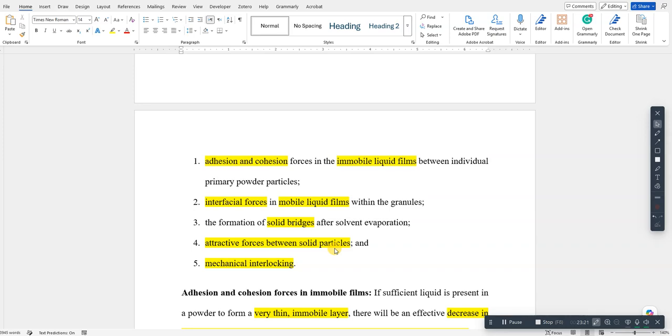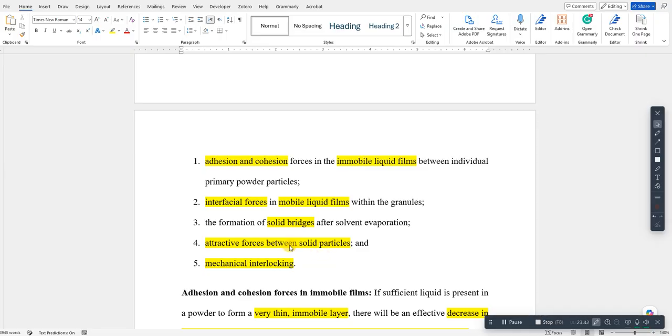And the more important force is van der Waals forces. These cause particles to connect to each other. These are kind of permanent forces, unlike mobile liquid films.